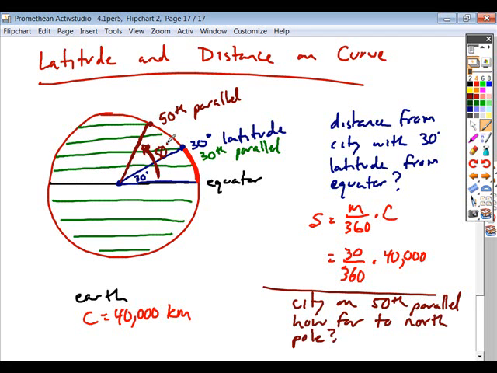So when you want to find the distance to the North Pole, which is up here now, so it's a slightly different type of problem, what is the central angle that's going to correspond to this arc? If 50 degrees gets you to the 50th parallel, what's left? 40. So this arc measure winds up being 40. So when you calculate this, your arc length is going to be 40 over 360 times whatever estimate you're using. Whether it's circumference, diameter, or radius, it'll give you some estimate for that.